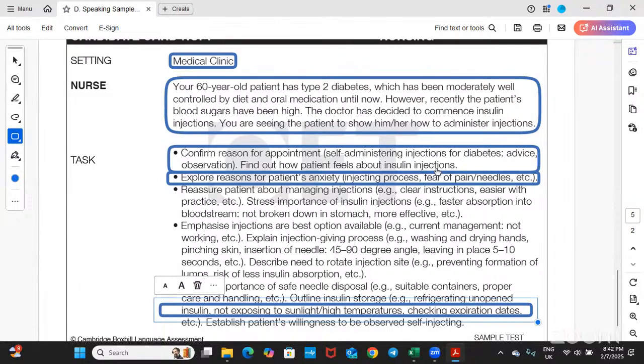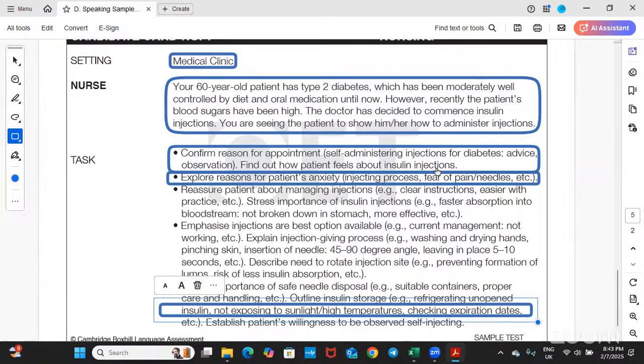Why are you afraid of taking injections on your own? Can you explain in your own words so that I can understand and brief you and explain further? Okay, so that I can clarify your doubts. Tell me everything. So you are going to find out the reasons why he is afraid. Then he will tell the reasons.